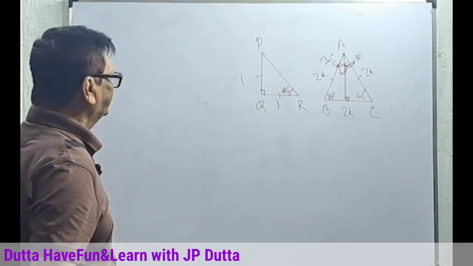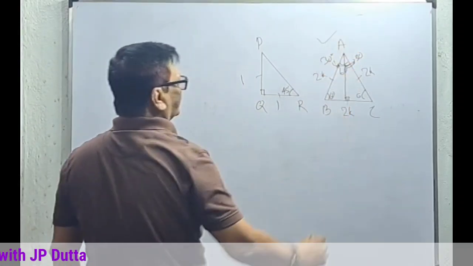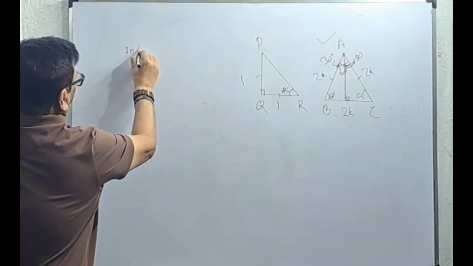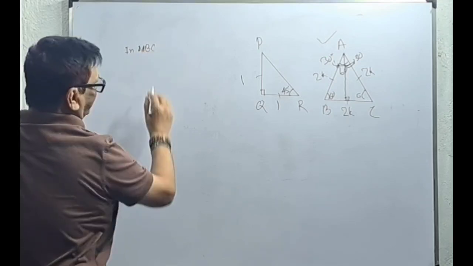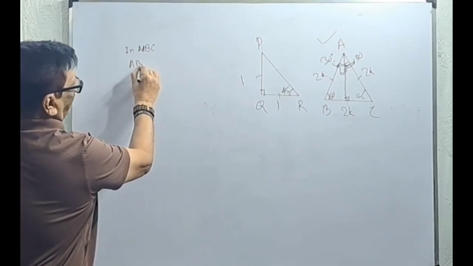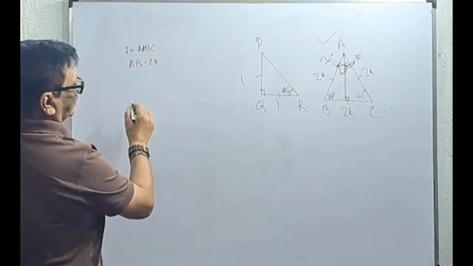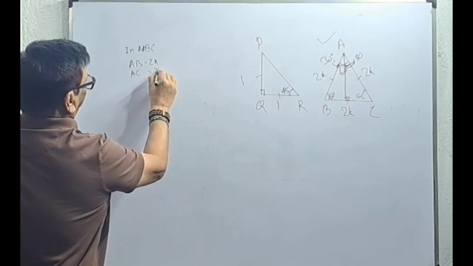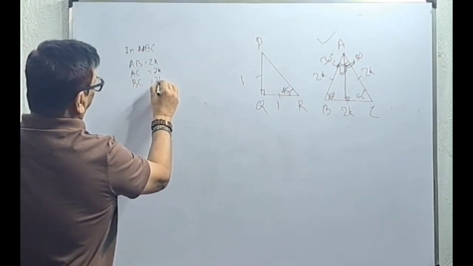Correct? These two angles. Okay. Now see, if you want regarding this triangle. Now in triangle ABC, AB is equal to 2K, AC is equal to 2K, BC is equal to 2K.